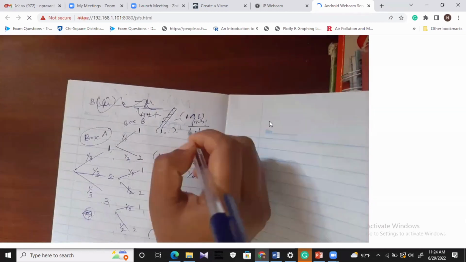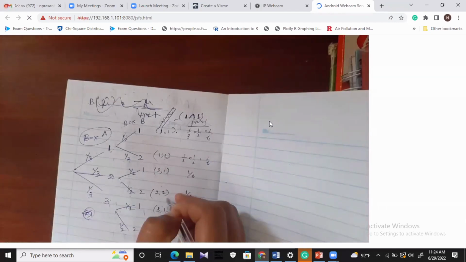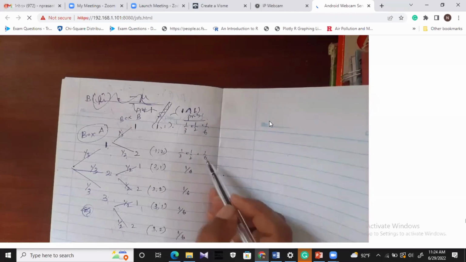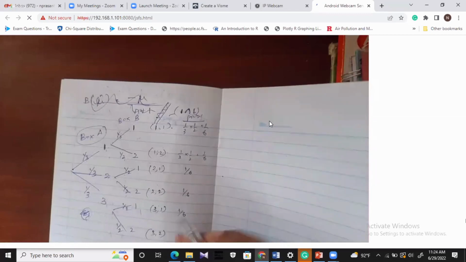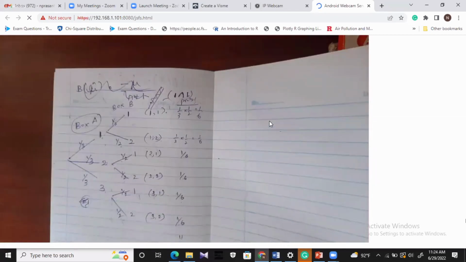If you add these probabilities for each and every outcome, that's 1 over 6 plus 1 over 6 plus 1 over 6, 1 over 6, 1 over 6, 1 over 6. Finally, you will get 1. Clear?